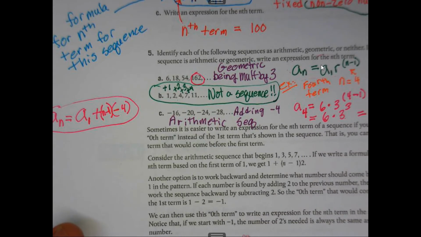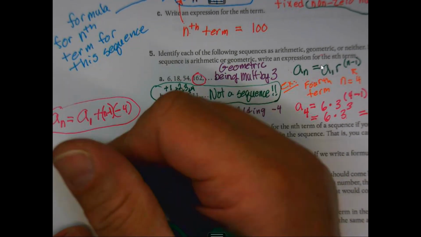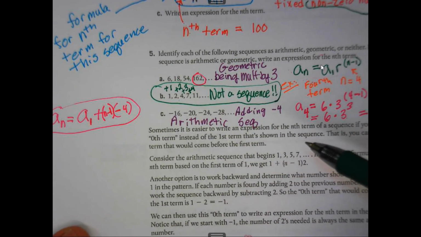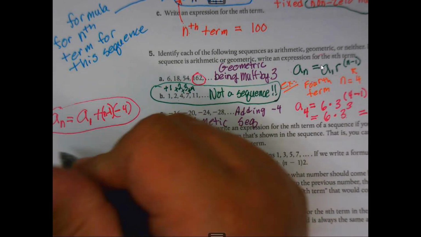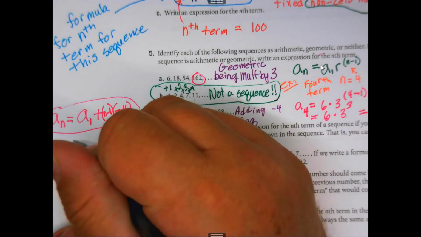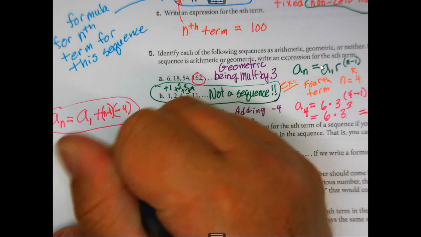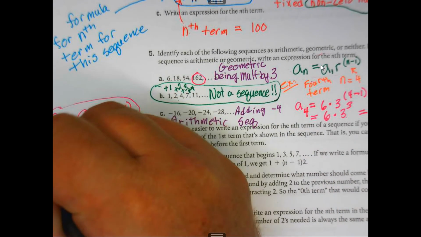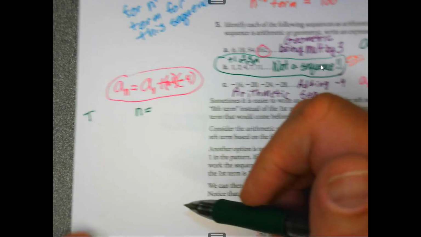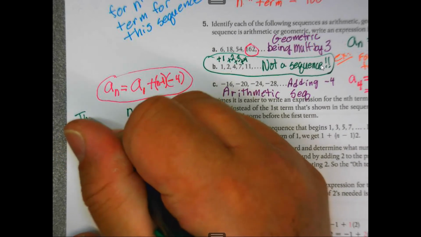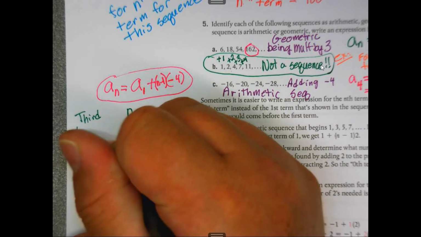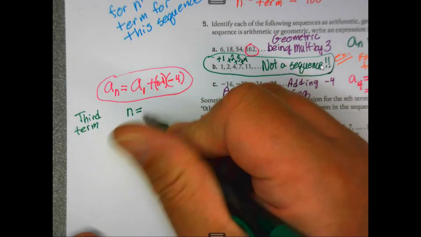So let's check this one out. Suppose I want to find the third term. N equals 3.